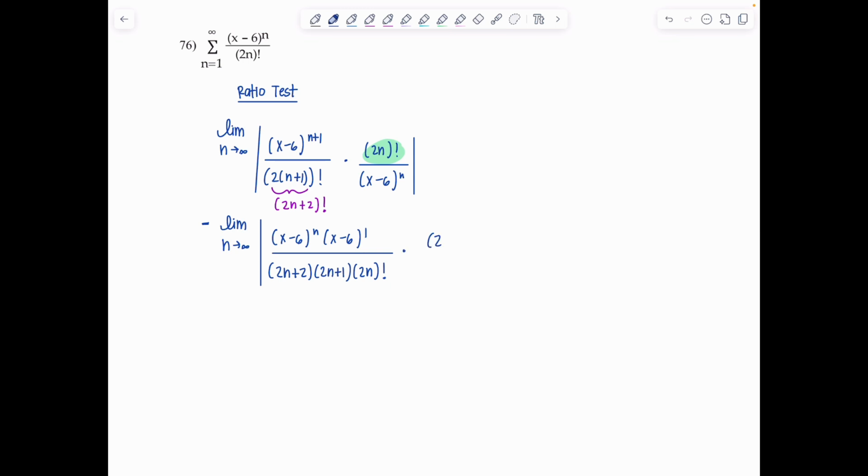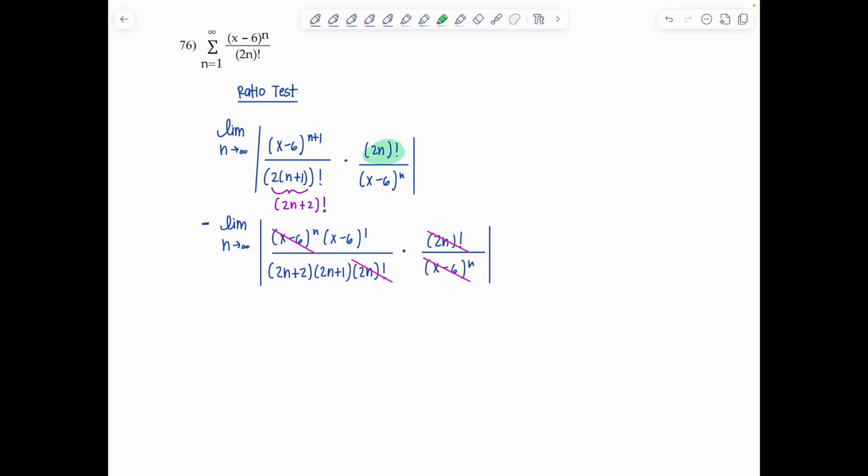And then here's (2n) factorial, (x minus 6) to the n over here. All right, fabulous. Now cancel party time. So (x minus 6) to the n is gone, and then (2n) factorial is also gone, and that's about it.